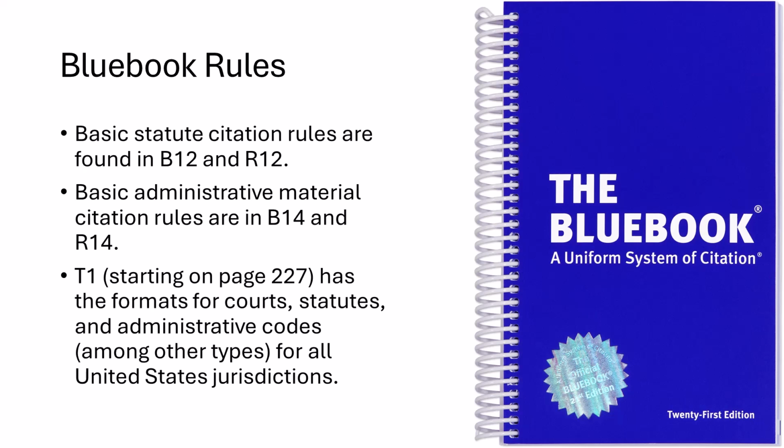Why? Because the Blue Book doesn't give specific examples of every single type of citation in every way you would cite to it. So, you Frankenstein your citation together, and you have a very well put together citation that your reader will appreciate and be able to find the resource that it's looking for.